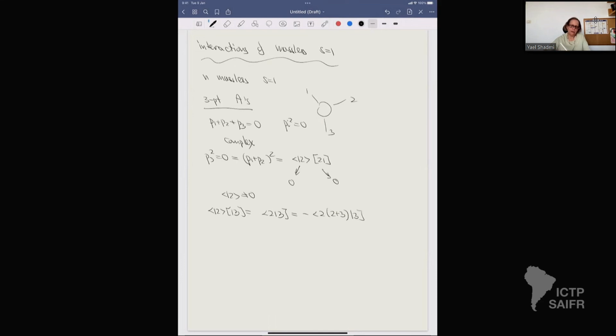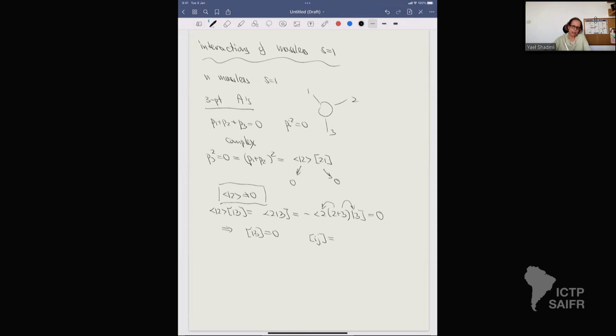Now I have 2 acting on this spinor, 3 acting on this spinor, and the whole thing vanishes. So we learned that in this case, ⟨1 3⟩ is 0. If we assume that the ⟨1 2⟩ angle is 0, we can repeat the same story for 2, 3, and we find that all these guys vanish in this case.